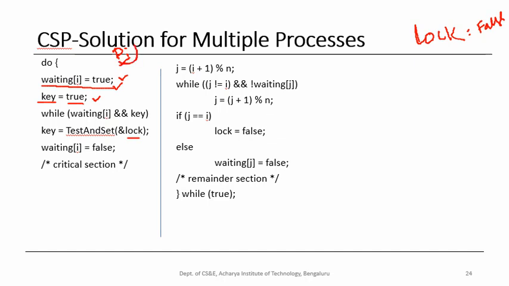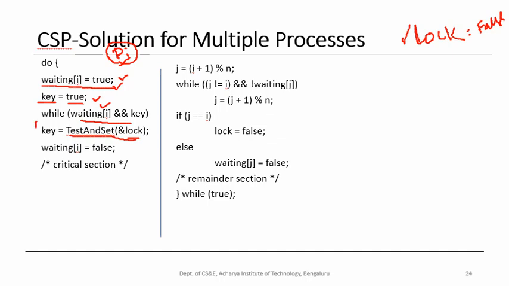Now if this Pi happens to be the first process that is trying to enter into the critical section, it looks at lock as false. So therefore, when it executes the test and set instruction, both these conditions should be true. That is, waiting[i] should be equal to true, which it has made true, and its local variable key is also true.